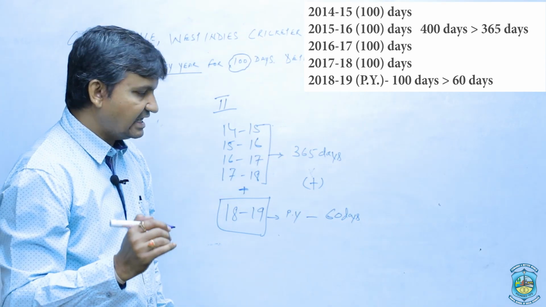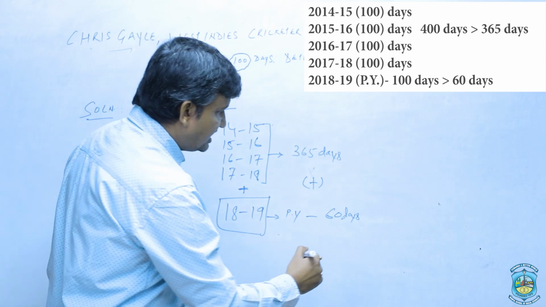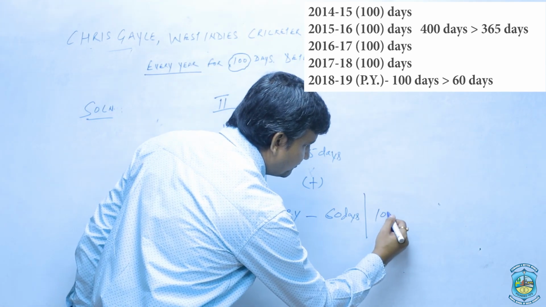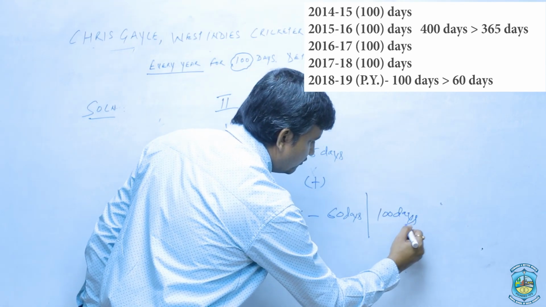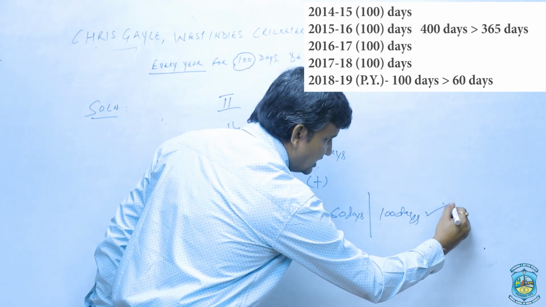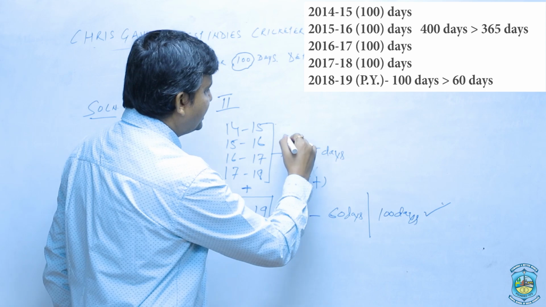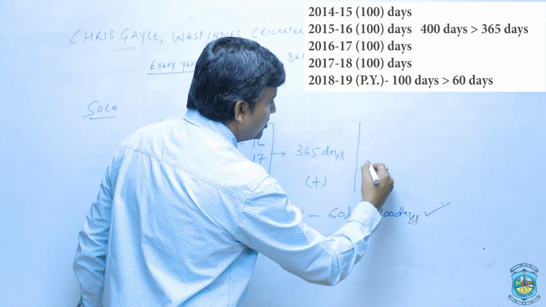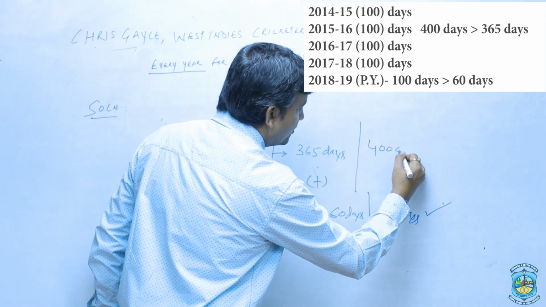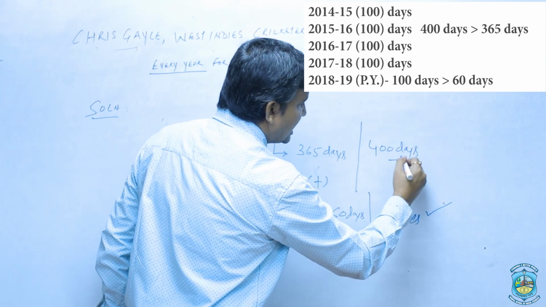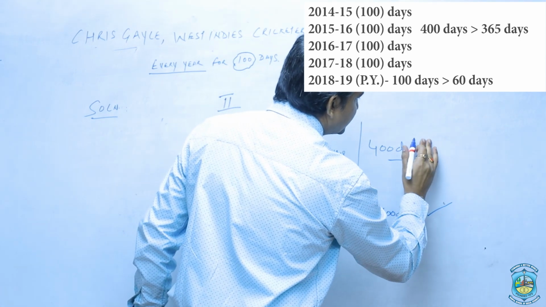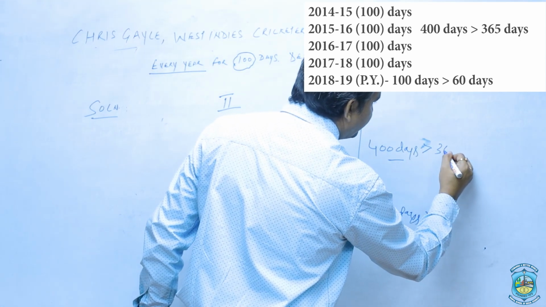As Chris is coming every year for 100 days, even in the year 18-19 he was there for 100 days, which is more than 60 days, so he fulfills this condition. Now in the 4 years, again every year he is coming for 100 days, so in 4 years he is coming for 400 days, which is again greater than 365 days.